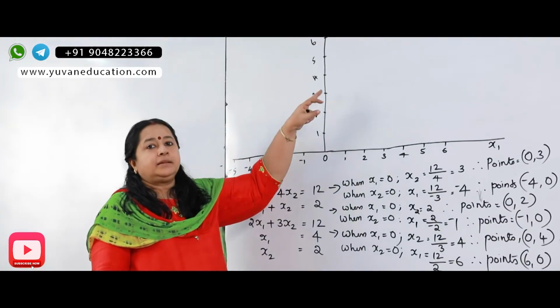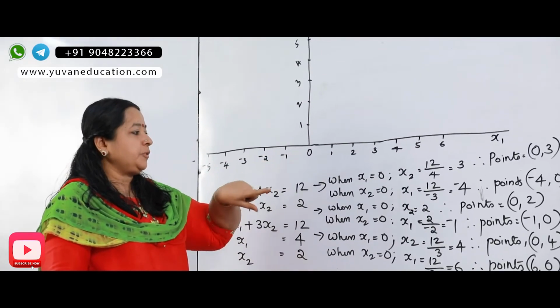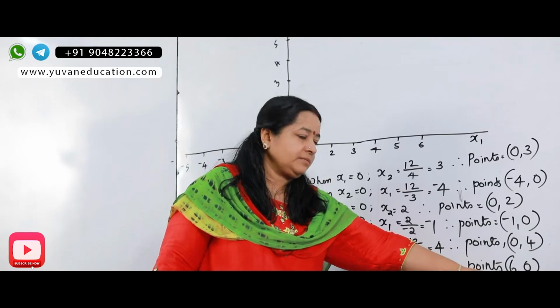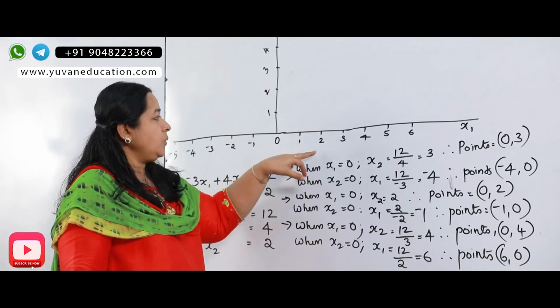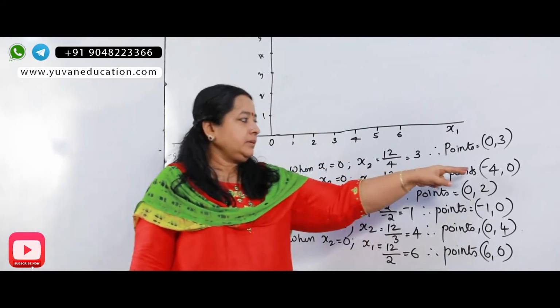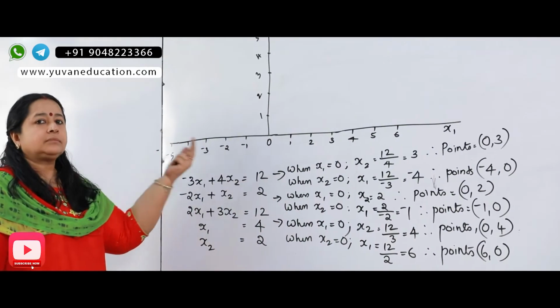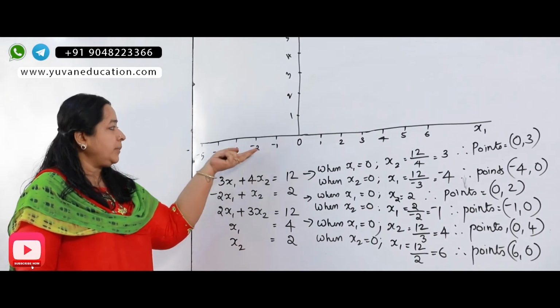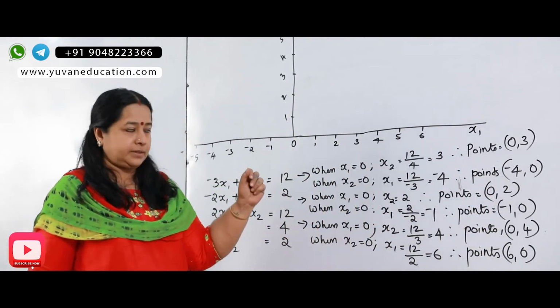See this graph, here the highest point is 6. So, we can write 0, then 6, here also 6, here negative 4. So, x1 in the negative side. So, minus 1, minus 2, that is in the point minus 1 and minus 4 is there.